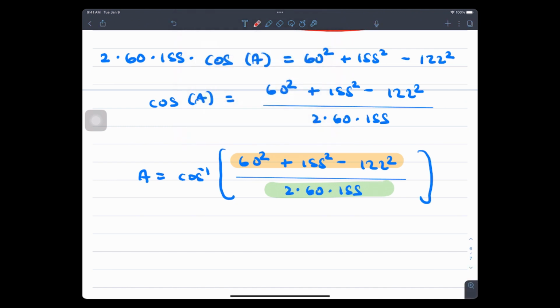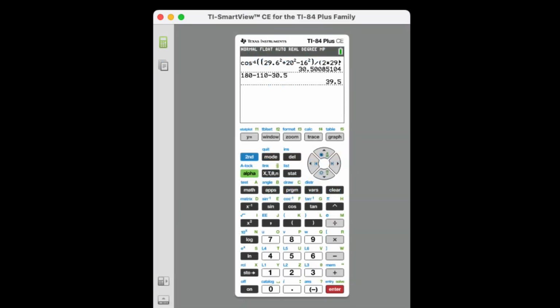And I'm back to, again, ladies and gentlemen, putting those parentheses, right? Because I'm going to punch this in the calculator. I'm going to clear that out. Second, inverse cosine. We warmed up. Put an extra parentheses because this is the numerator. 60 squared plus 155 squared minus, oops, I messed up.